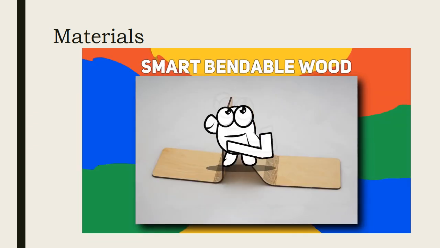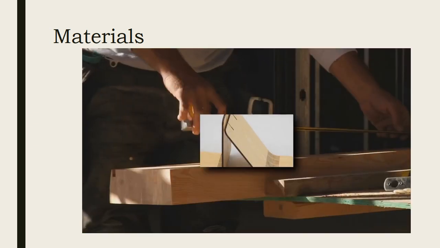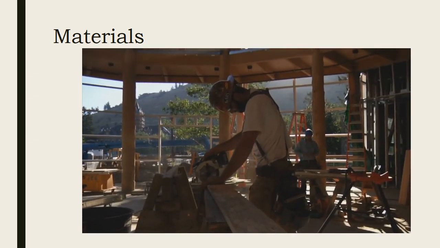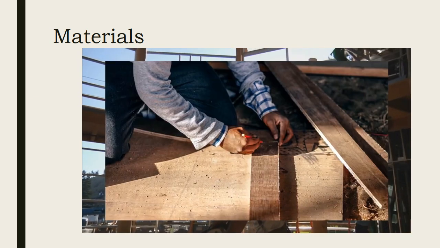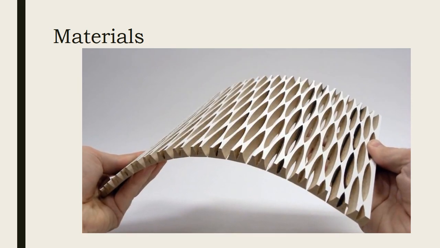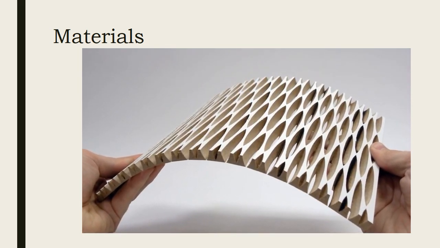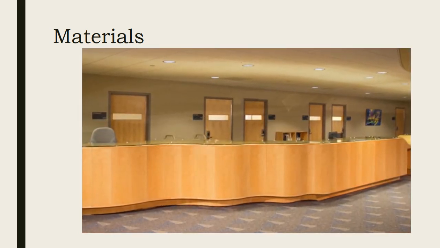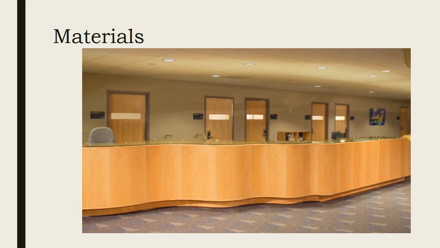Number 7. Smart bendable wood. Wood will always be a premier building material due to its beautiful aesthetic qualities and versatility. Generally, wood is rigid, but now, bendable wood allows us to flex wooden structures into spaces to create stunning interiors which are durable and possess extraordinary sound absorption properties.